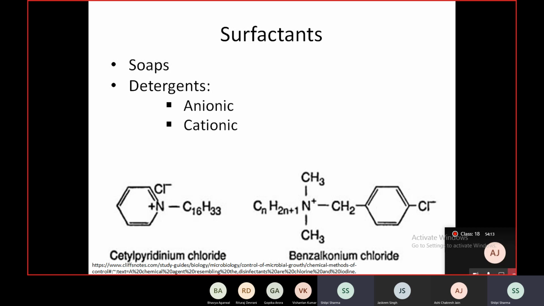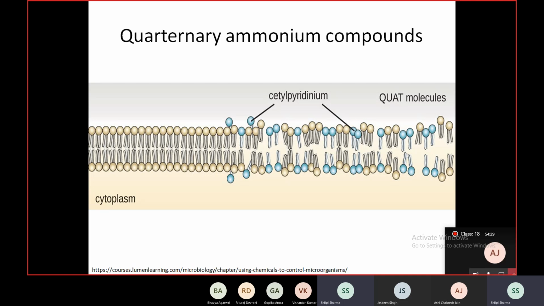Anionic detergents, such as those used for laundry, have a negatively charged anion at one end attached to a long hydrophobic chain, whereas cationic detergents have a positively charged cation instead. And it's the cations which are very commonly used and very effective.